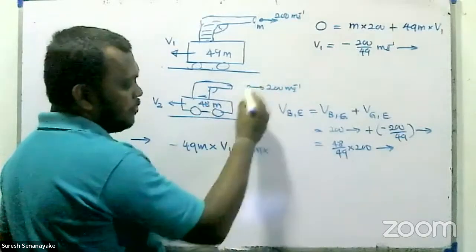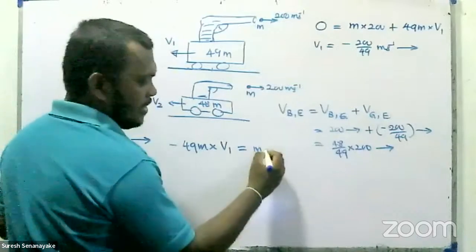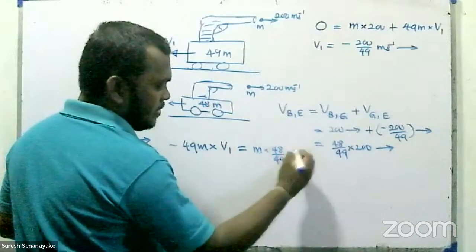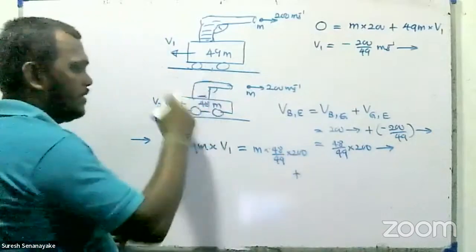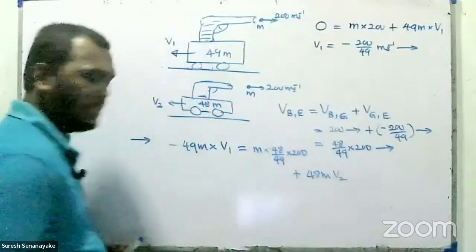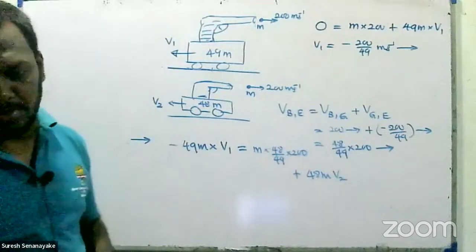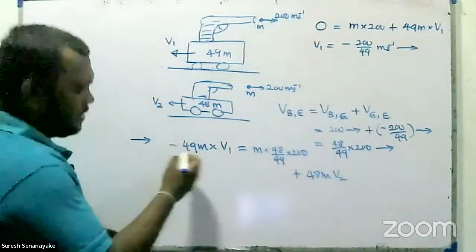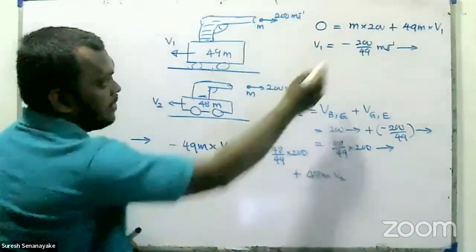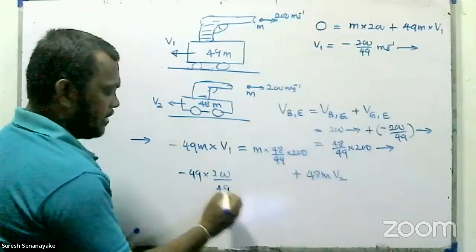The speed of the bullet with respect to the earth is this value, that is 48 over 49 into 200, plus the momentum of the gun, that is 48m into V2. V2 is considered in this direction. And then this minus 49m cancels. V1 you can write as 200 divided by 49.